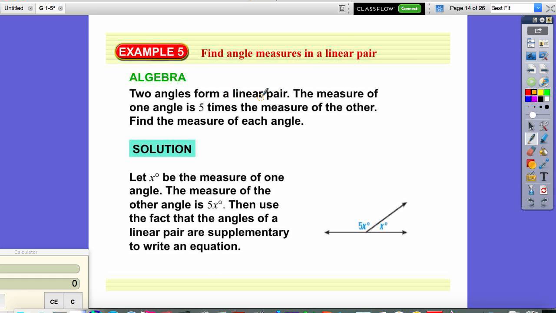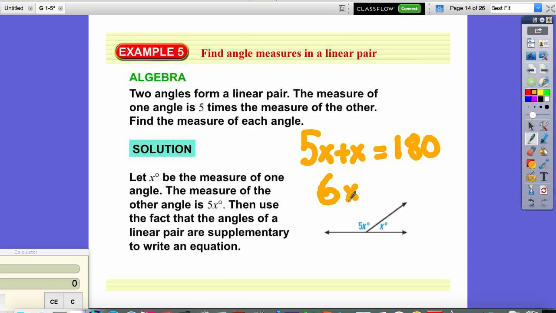And if two angles form a linear pair, the measure of one is 5 times the measure of the other in this example. Find the measure. So we're going to be able to say that if they're a linear pair, 5x plus x is equal to 180. How do we know that? Because the linear pair forms a straight line. A straight line is 180 degrees.